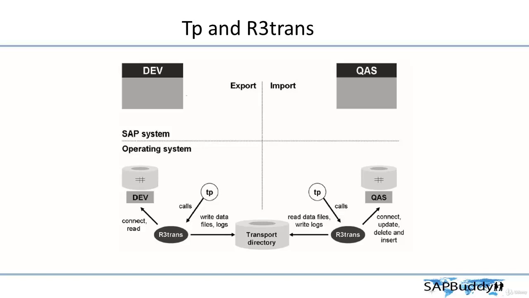So R3 trans is the main program used for this transport. However, R3 trans is called by a program, TP. TP calls R3 trans. So SAP recommends R3 trans should not be used directly.